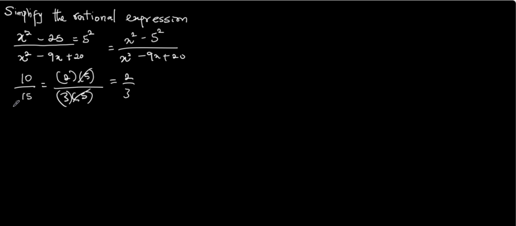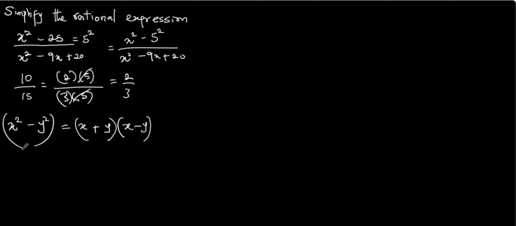And the rule of difference of two squares, if I have x squared minus y squared, is equal to the first number x plus the second number y, multiplying the first number x minus the second number y. So that means x squared minus 5 squared will equal x plus 5, right? And then x minus 5.